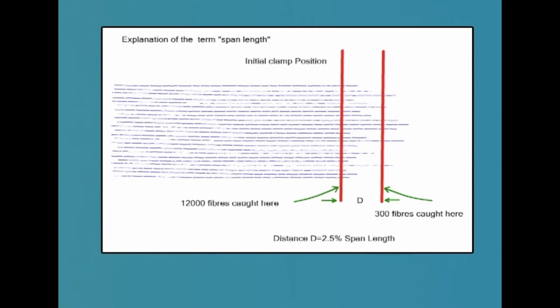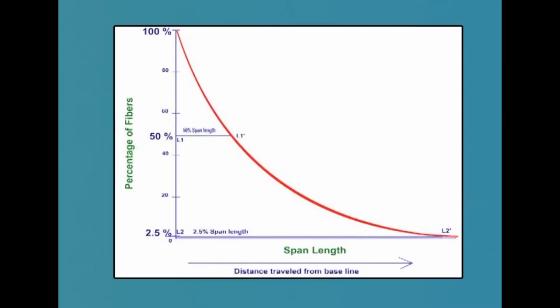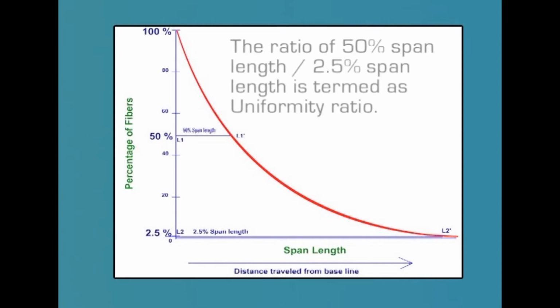The amount of light is used to measure the number of fibers that extend various distances from the comb. The value it reports is span length. Generally, 2.5% span length and 50% span length are used for normal practice. The ratio of 50% span length divided by 2.5% span length is termed the uniformity ratio.